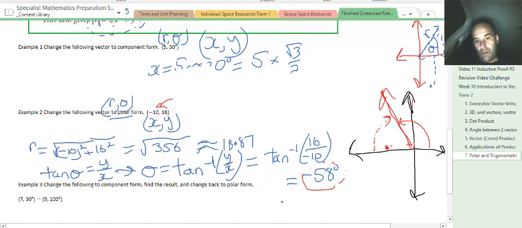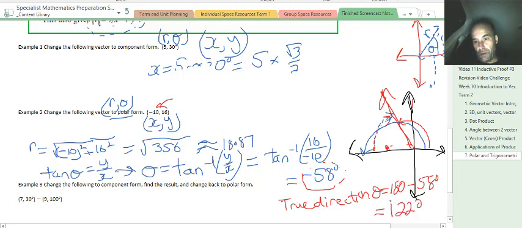So what you would do to find the true angle or the true direction, theta equals 180 degrees minus 58, because the whole way around from 0 through to the other end of the x-axis is 180, and then we just saw it back up by 58, so we go 180 take 58, and that's 122 degrees.